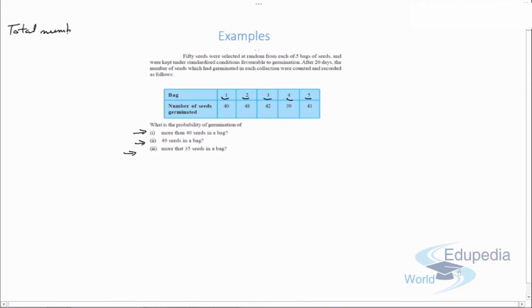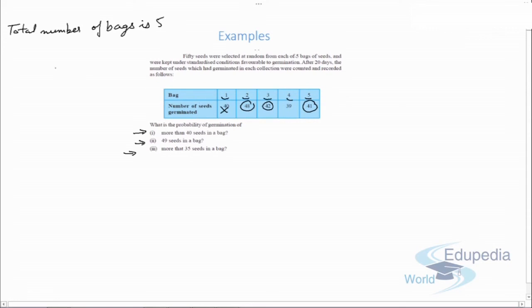The total number of bags is 5. The first part is more than 40 seeds in a bag, so this value will count, and this will count, right? Now we cannot include this value. Why? Because it's asking for more than 40, not exactly 40. You have to be very careful.